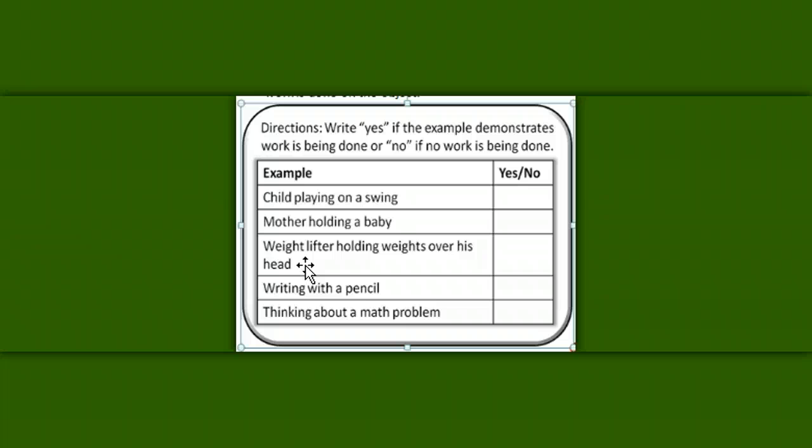Exactly. Of course not. It's not moving because he's holding it above his head. So you have to say no. No scientific work is being done. So far it should have said yes, no, no. Yes, no, no.